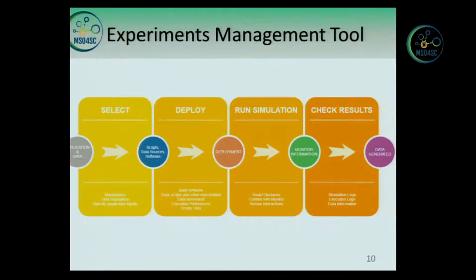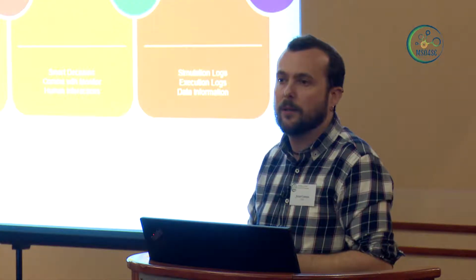In this part, the orchestrator is going to be working with the monitor to take smart decisions on, for example, how a specific job or a specific part of the application has to be run. For example, let's say we have 3 HPCs and one of them has a high load at that moment.